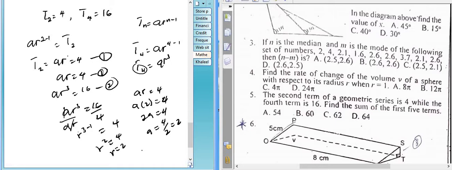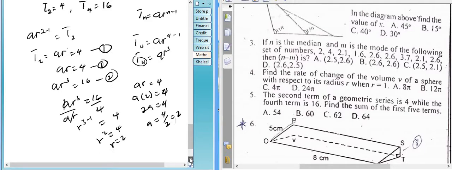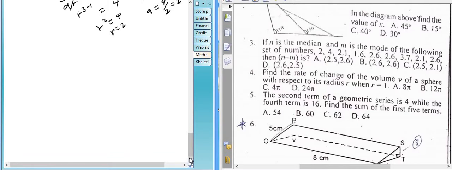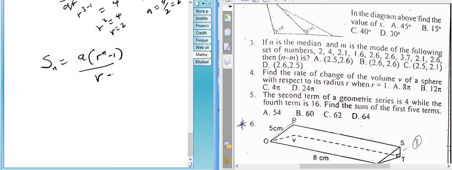So we were asked to find the sum of the first 5 terms. All you need to do is take the formula for the sum of a geometric series, which is given as Sn is equal to A times R to the power n minus 1, all over R minus 1. So we want to find the sum of the first 5 terms, and we have A as 2 and R as 2, with n given as 5.